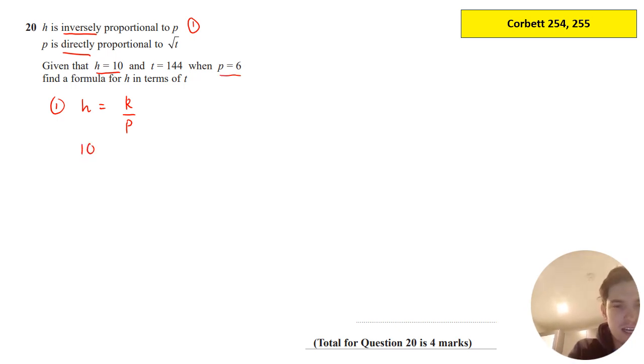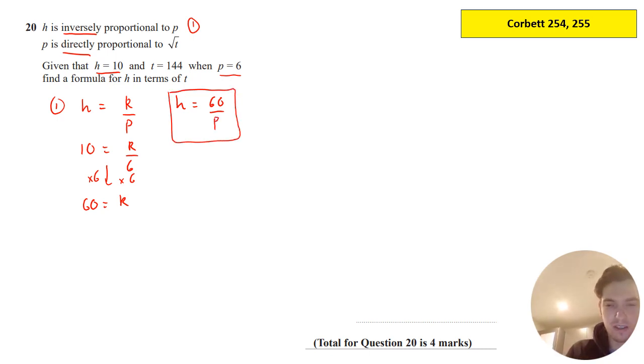So I'm going to write 10 equals K over 6. So to find my value of K, I multiply by 6 and I get K is equal to 60. So let's rewrite that equation. H equals 60 over P. That is my first equation.